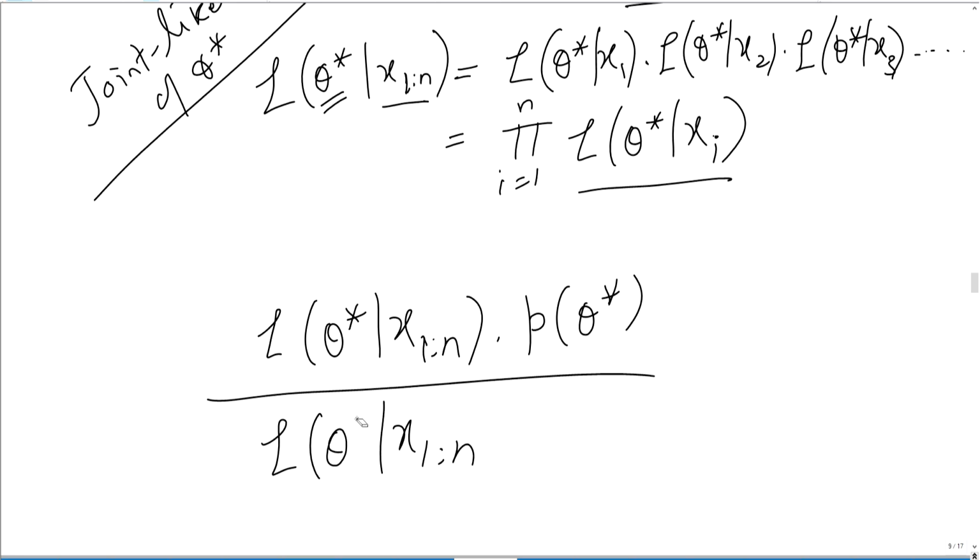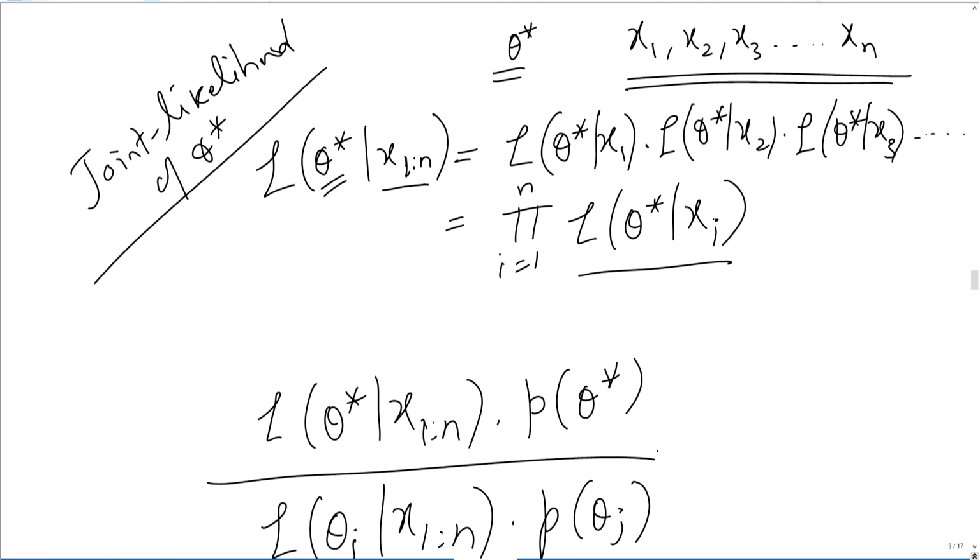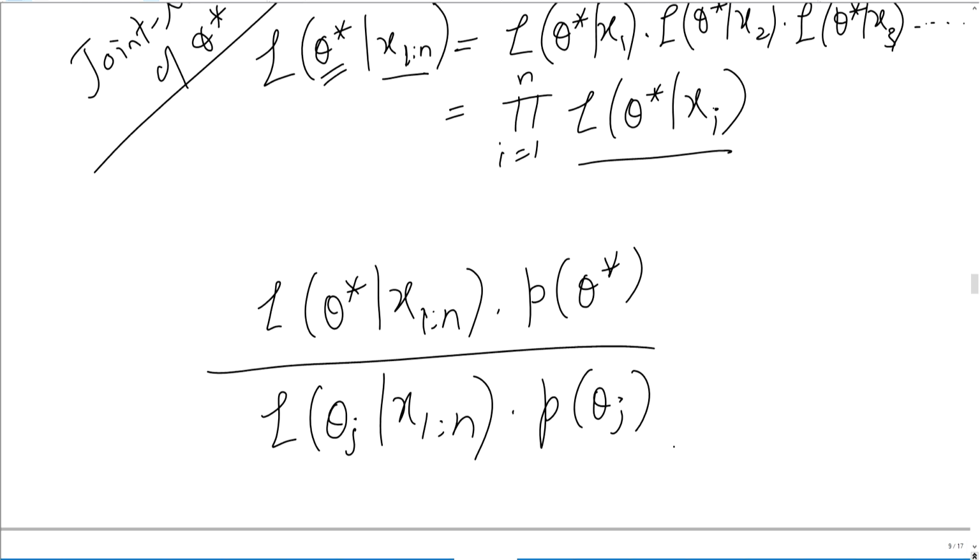Let us call the current state theta j. So you are interested in this ratio. Can you calculate this ratio when you have a lot of data points? If you directly go on multiplying these likelihoods, then this term will be 0 and this term will be 0. So you won't be able to do this.